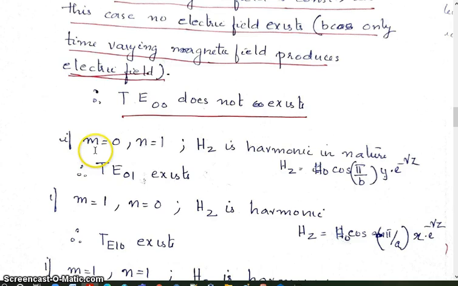Now I am giving the combination m equal to 0 and n equal to 1. In that case, you will get Hz equal to H0 cos(pi by b y) exponential minus gamma z. This is a time varying factor, that means Hz is time varying, or you can say it is harmonic in nature. Hence, there will be an electric field, and hence TE01 mode exists.